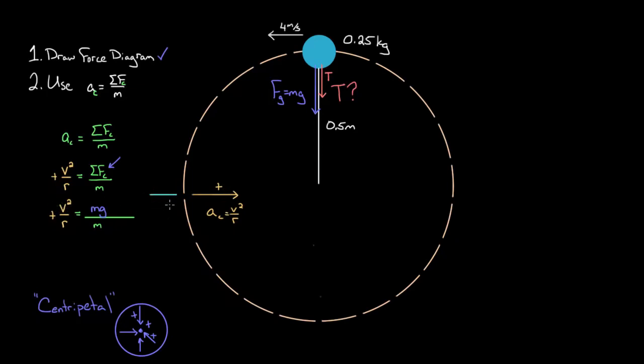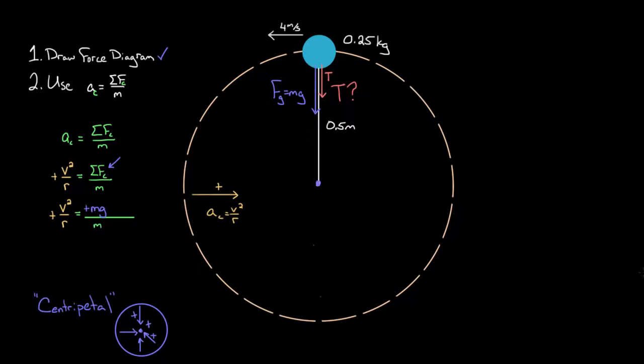Nobody does that. So we choose into the circle as positive. That makes our centripetal acceleration positive, but it also makes every force that points inward positive as well. And long story short, this force of gravity is going to be counted as a positive centripetal force, since it points inward toward the center of the circle.